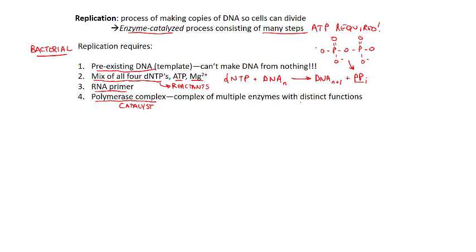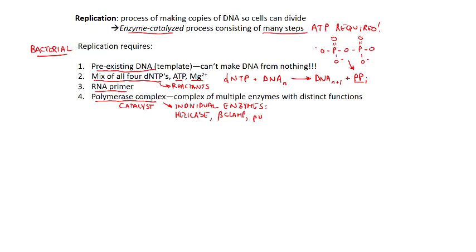It's a multiple enzyme complex, and each enzyme in it has a different function. The individual enzymes of the DNA polymerase complex, and this is not a complete list, but it's worth knowing the ones that we have. We have a helicase. We have a so-called beta clamp, which isn't an enzyme, but it's an important protein.